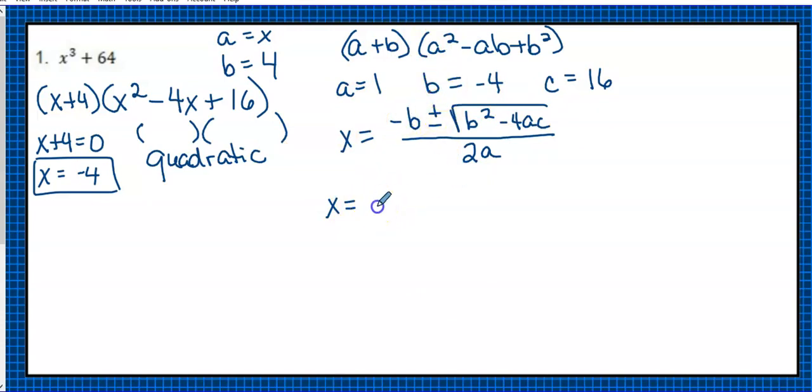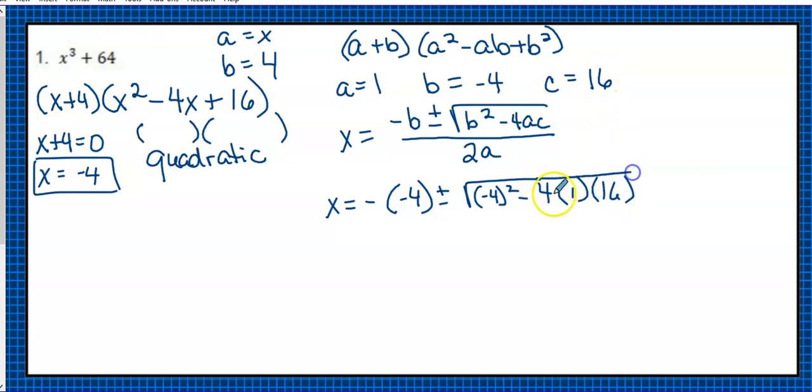All right, so the opposite of b, which is the opposite of -4, plus or minus the square root of -4 squared, and then that's minus 4 times a times c. And all that's under that radical. And all of that is over 2 times 1.